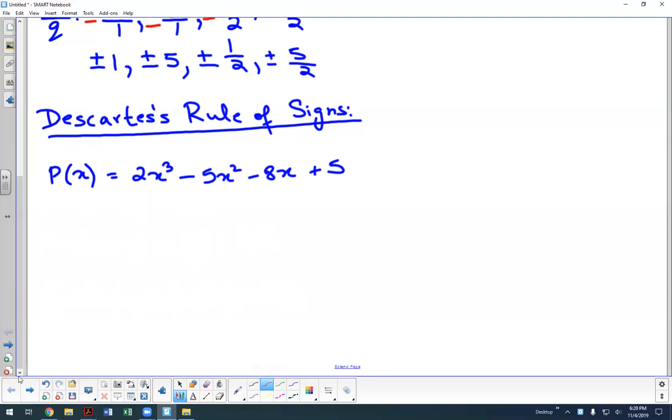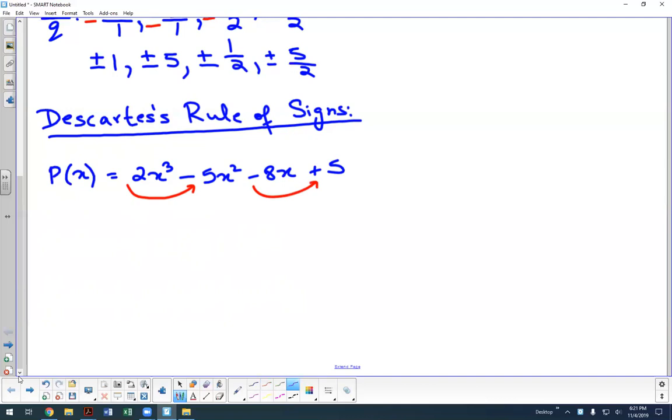So how many variations do you think is happening in this polynomial? 2. We're going from a positive to a negative, so that's our first variation, right? We're going from negative to negative, so the sign didn't change. And then we're going from negative to positive, so that's our second variation.